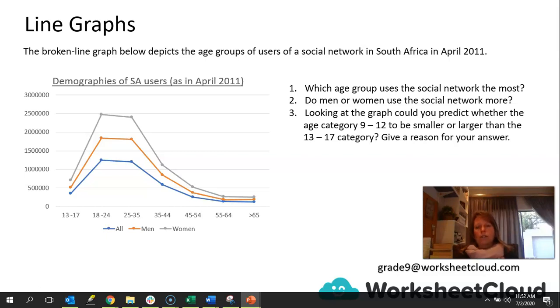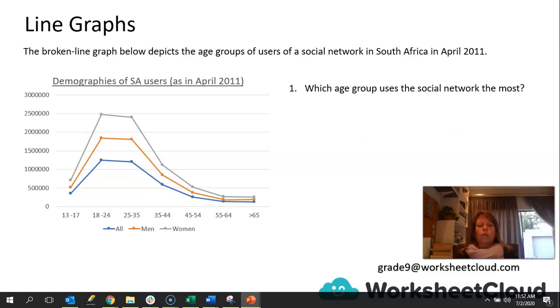So these graphs often tell us a lot, and we will be able to predict either side of the graph as to where it's going or where it would have been before. So which age group uses social media the most? Well, we can see quite clearly it is the gray line, and the gray line represents women.